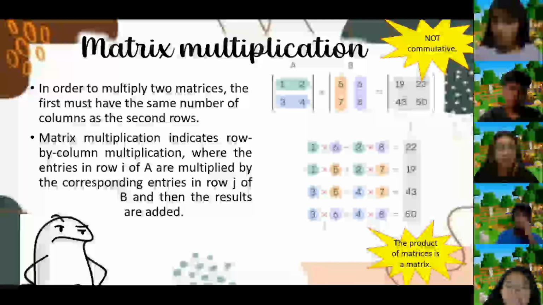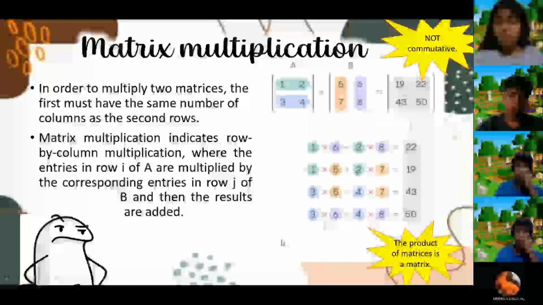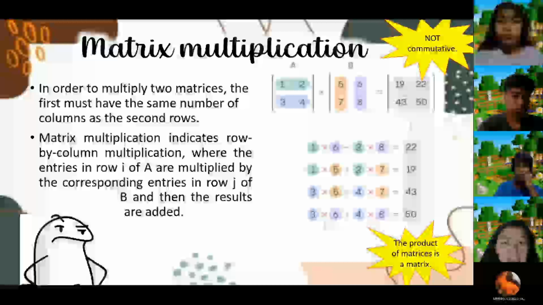Next. Matrix multiplication. When multiplying matrices, we obtain a matrix as a result. To multiply two matrices, the number of columns of the first must match the number of rows of the second.